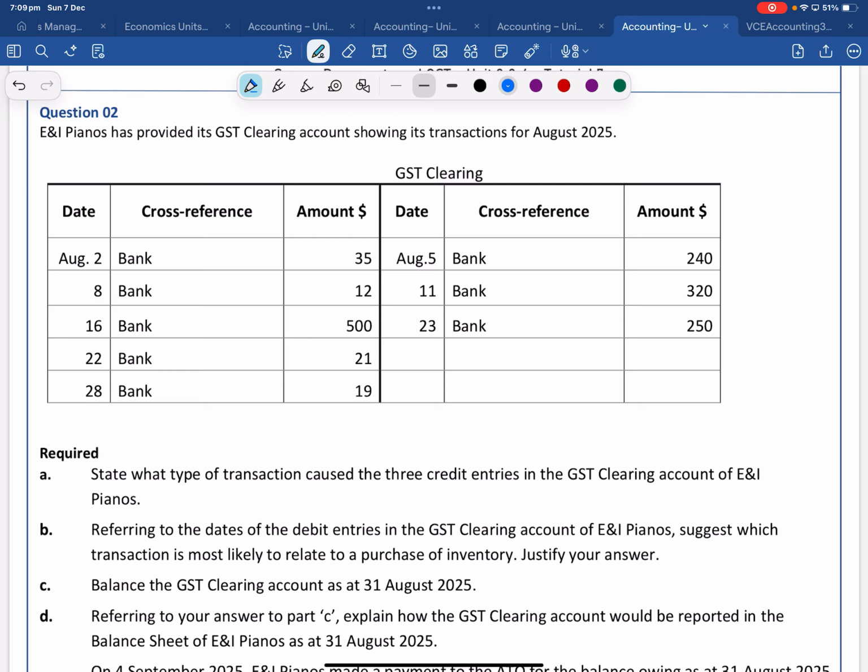Credit interest, liability interest. So, sales. Cross reference with bank.